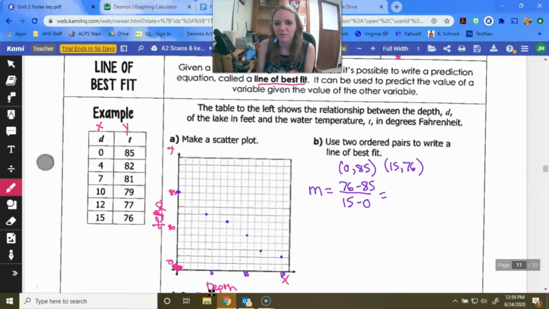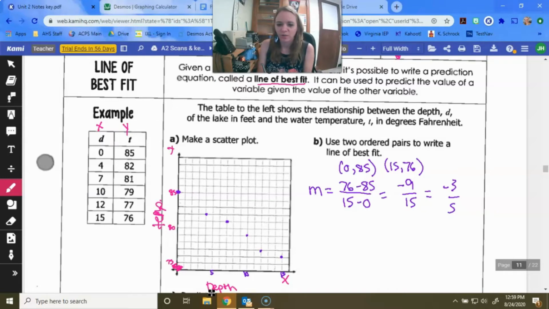Well, if we're going to make an equation, we need a slope. 76 minus 85 is negative 9, correct, and then that's 15. Alright, so that's our approximate slope. Can that simplify? Yes, it actually can. I can divide both by 3. Negative 3/5.